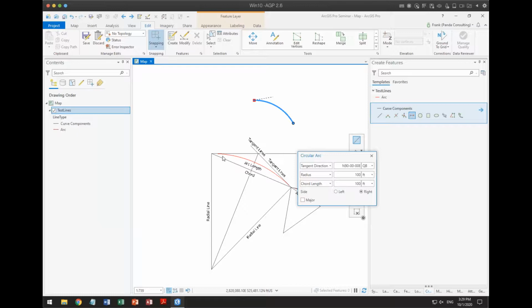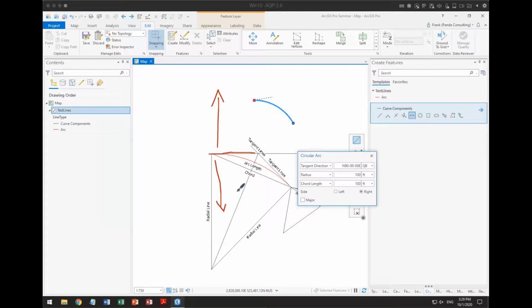That means that when I'm developing this and my line and defining where the radius goes, is the radius point over here or is the point over here? Because this could get flipped completely. It could have the same tangent bearing and it could be flipped back and forth.